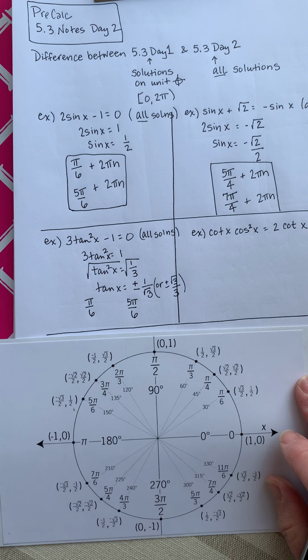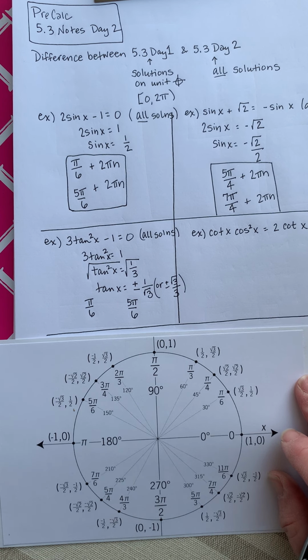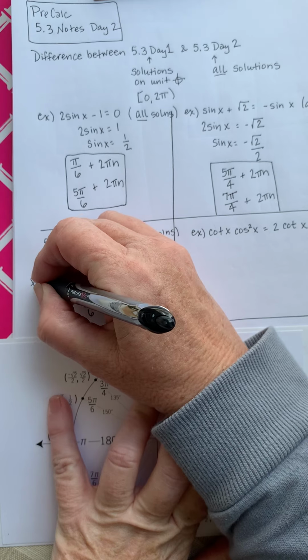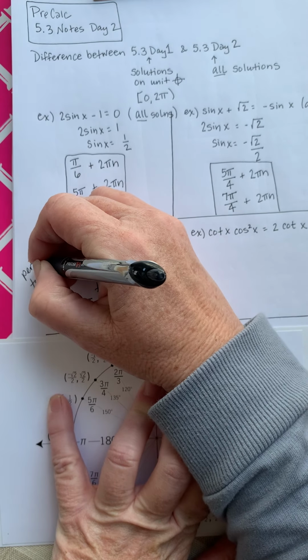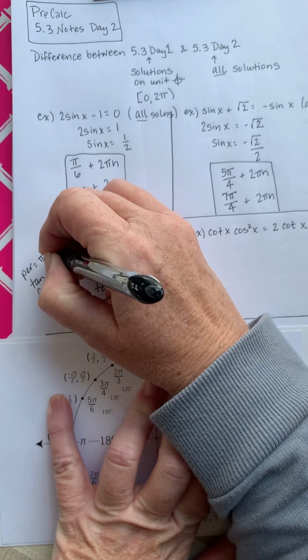But I want you to remember that the period is different for tangent and cotangent. Things don't repeat every 2 pi. For tangent and cotangent, they repeat every pi. The period is pi.